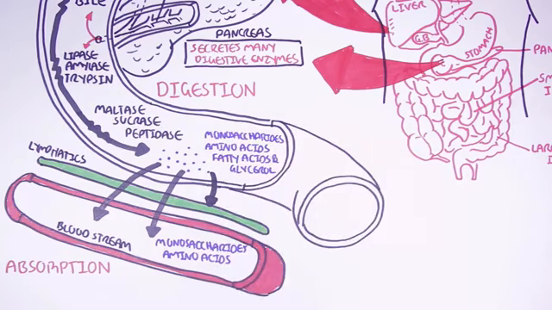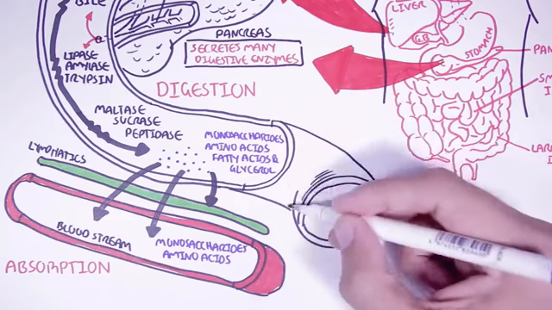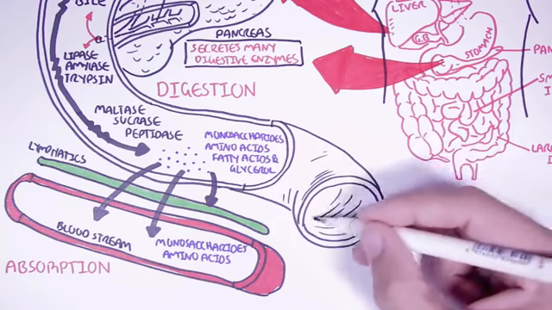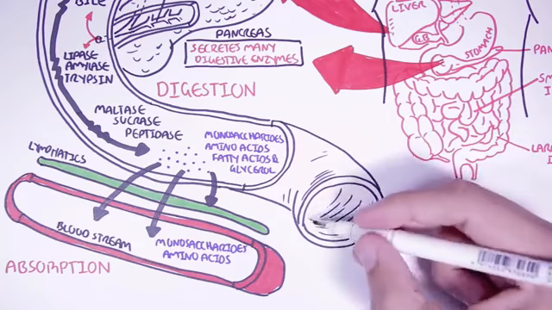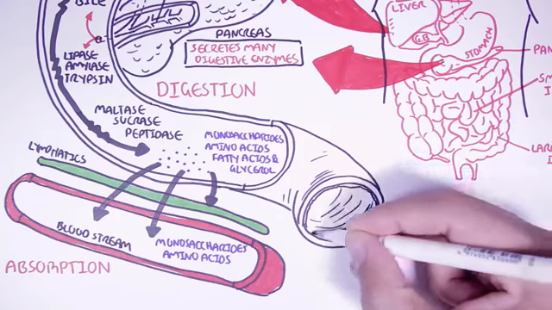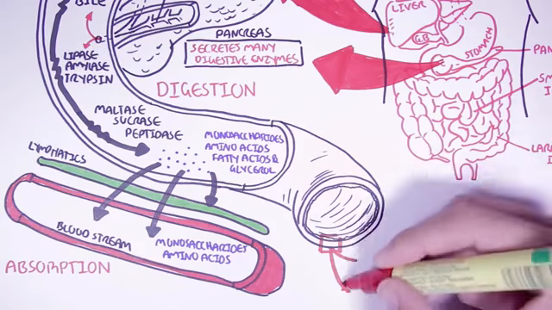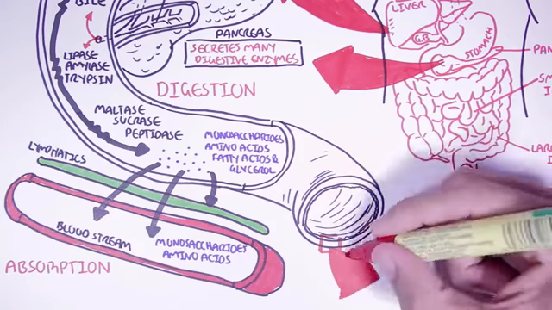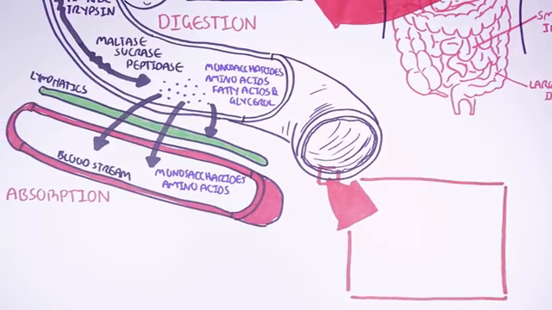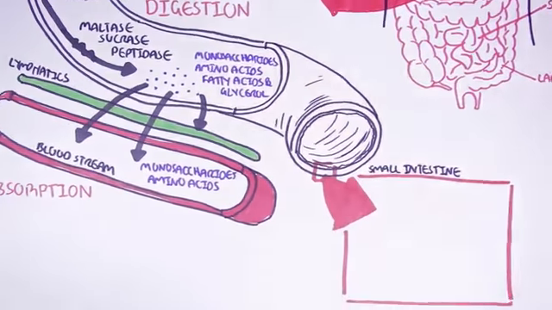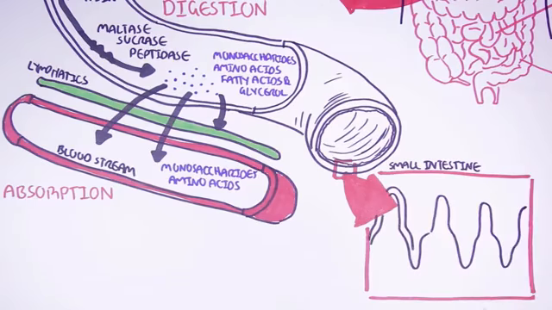So from all this, we can see how the small intestine is the major place for the digestion and absorption of food. Therefore, it is important that we understand more about the histology of this organ. If we zoom into the small intestine, we can find the lining of the intestine with its rich blood supply.